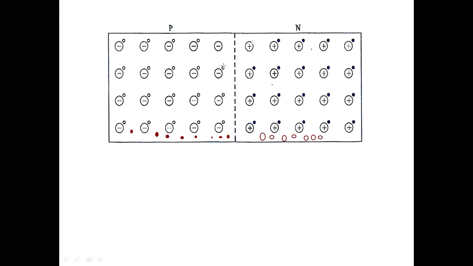Both will recombine at the junction. So uncovering of charge carriers will occur. So what will happen at the junction? A net positive charge will be developed at the N side and a net negative charge at the P side due to immobile ions. So here at the junction a barrier is formed.